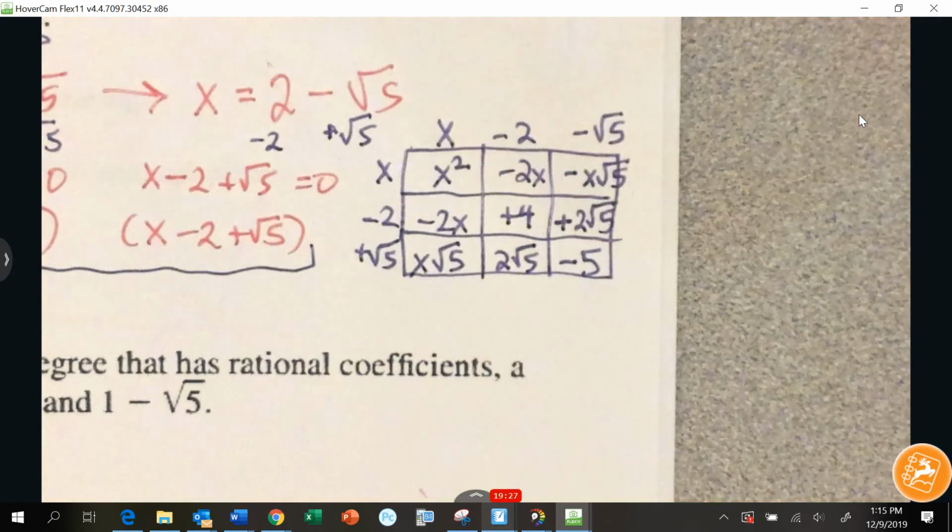I made it a little bit bigger for you. So I multiplied it out.